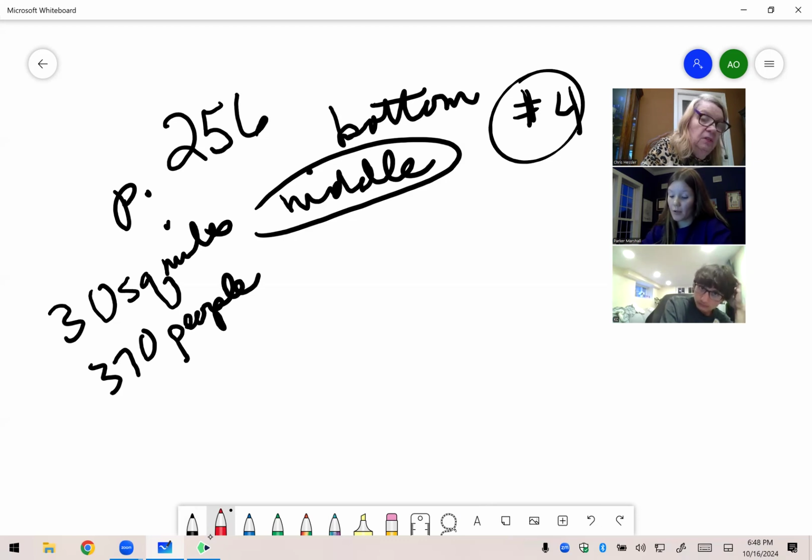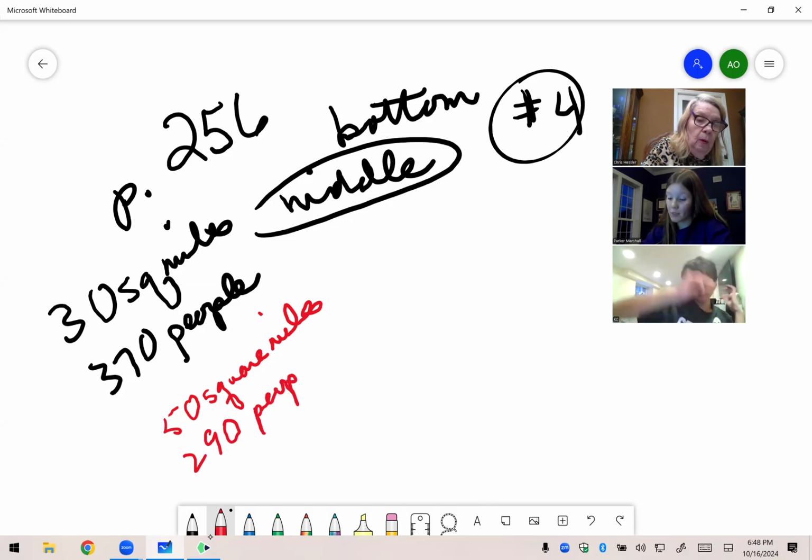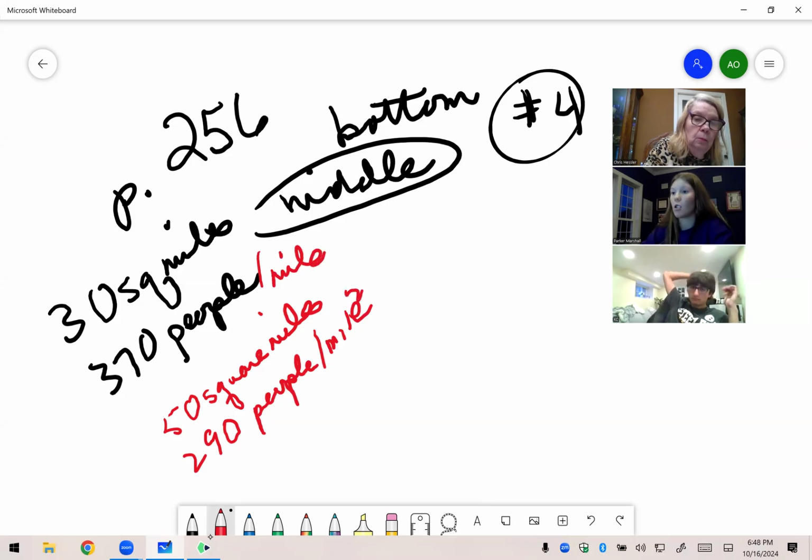The other district has 50 square miles, and this would be a little harder, and the population is 290 per square mile. What is the population density in people per square mile for all of the county?